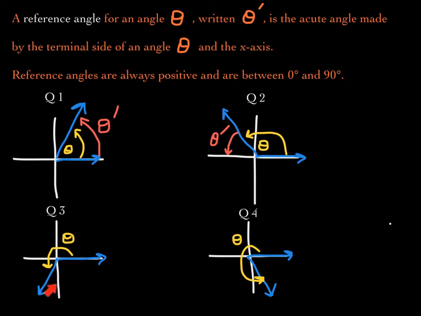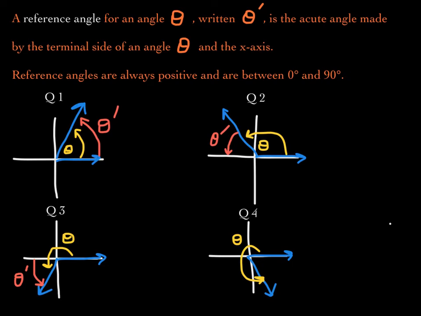That's not true. Remember, it has to be acute, so you don't go to the positive x-axis, which would be obtuse. It's the terminal side to the negative x-axis. That's theta prime.